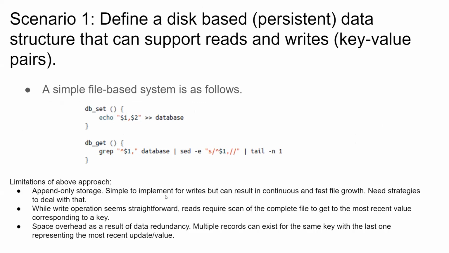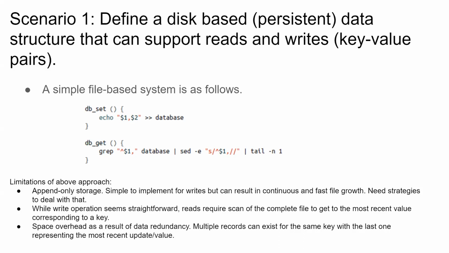The good thing is it's simpler to write, but reads take a hit because you have to scan to the end of the file to read the latest record. And there is also a space overhead because if the same key has multiple values, you're not going to delete anything, you're going to keep appending.